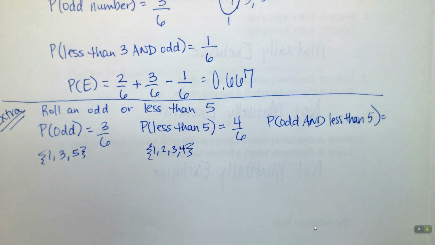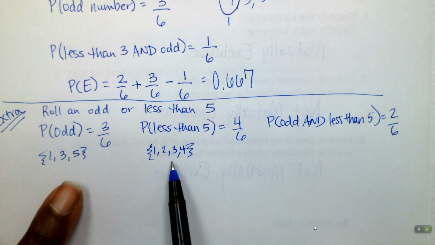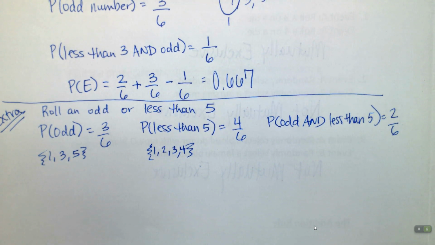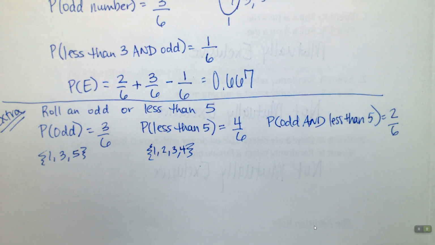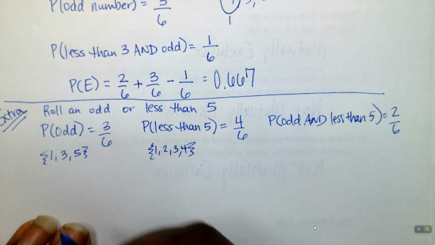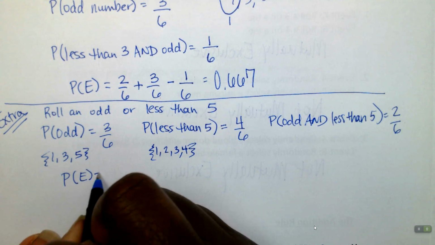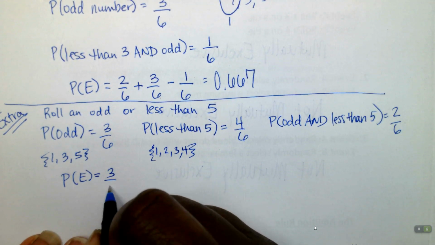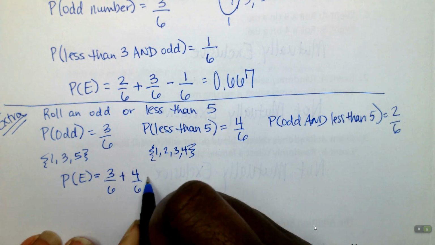Odd and less than 5, we said there was two numbers that fit that. The 1 and the 3. So I'm not putting 3, I'm not putting 1. I'm going to put how many fit that characteristic. So while I'm writing this, see if you can get that answer in decimal form. Plus, let me take away the 2.